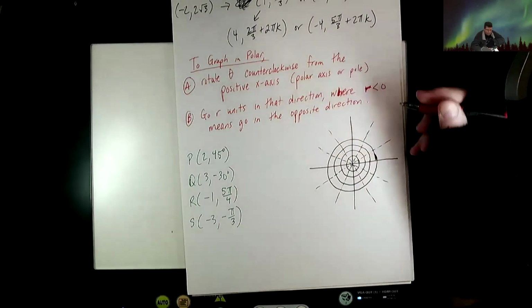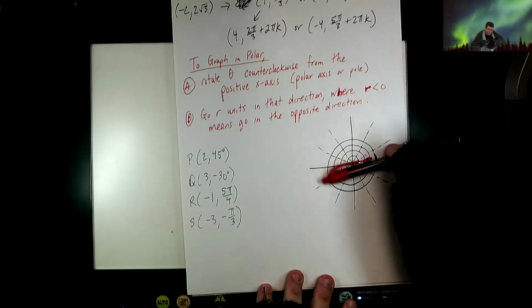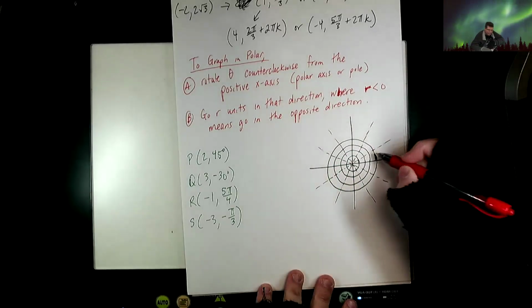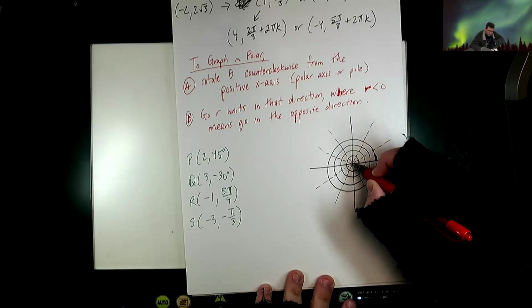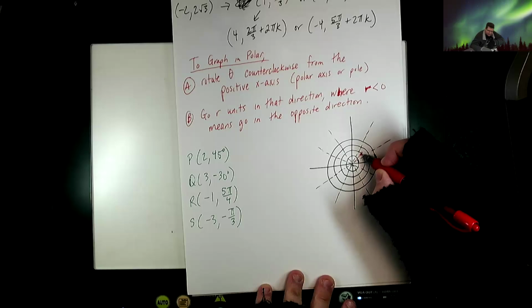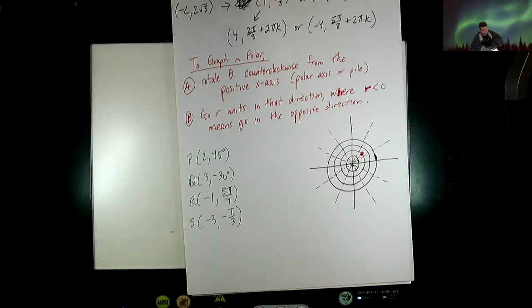So for 45 degrees, we rotate 45 degrees, which is about halfway between the 30 and 60 mark. And we go out 2 rings and put a point.